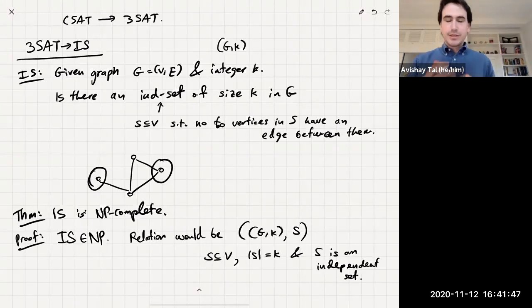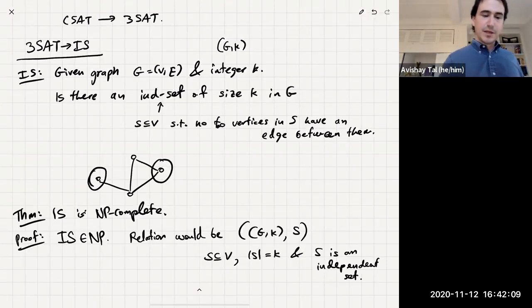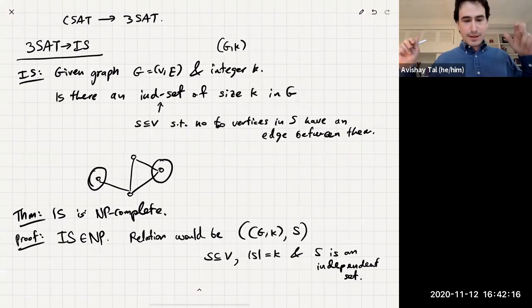So this relation is recognizable efficiently, right? I can verify it efficiently. If I give you the subset, it's easy to check whether it's a good subset or not. You just check that all the pairs don't have any edges. The hard thing is to find this subset. So this is the relation that proves that this problem is in NP, or in other words, this S is a witness that the graph and k are indeed in the language independent set.